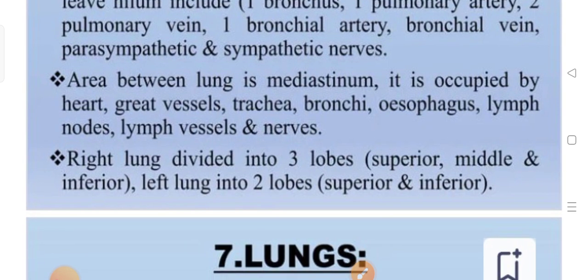The right lung is divided into three lobes: superior, middle, inferior. The left lung is divided into two lobes: superior and inferior. You have to keep it in mind. The right lung has three lobes: superior, inferior, and middle. Whereas the left lung is divided into two lobes, superior and inferior.